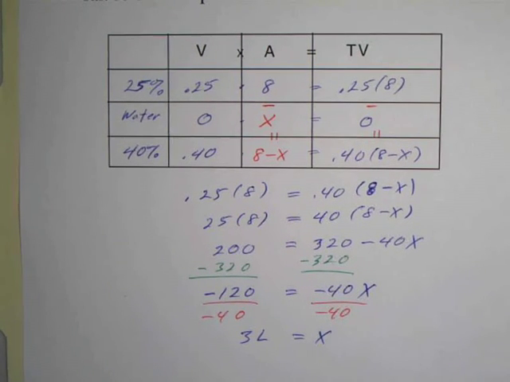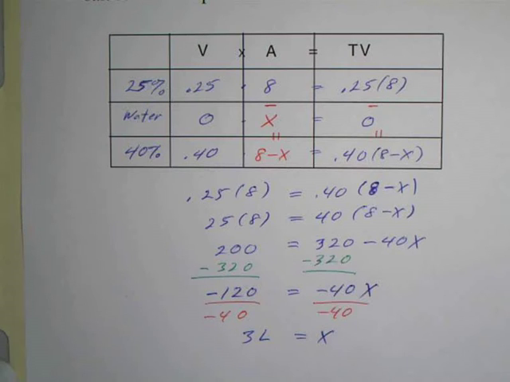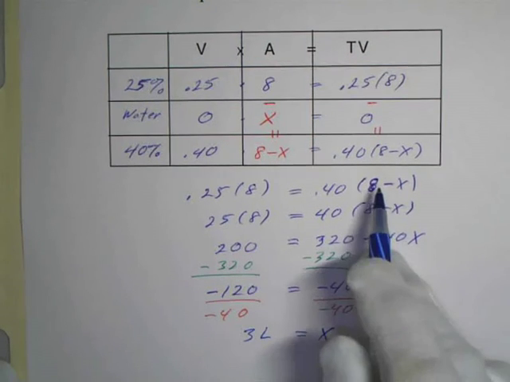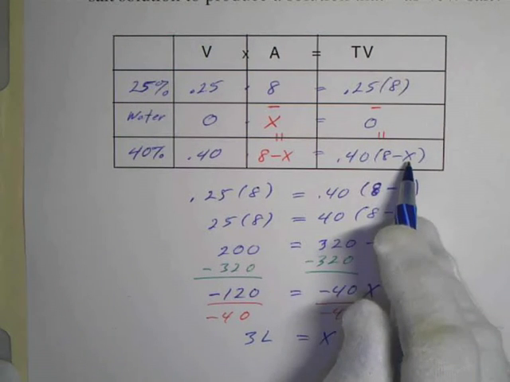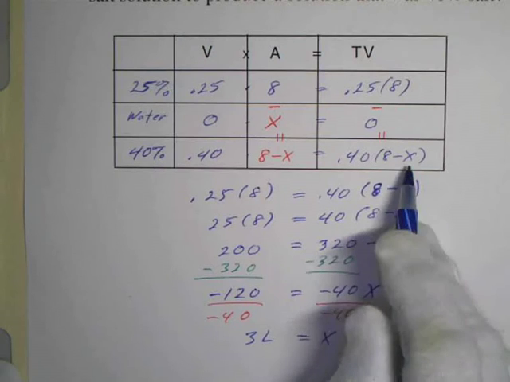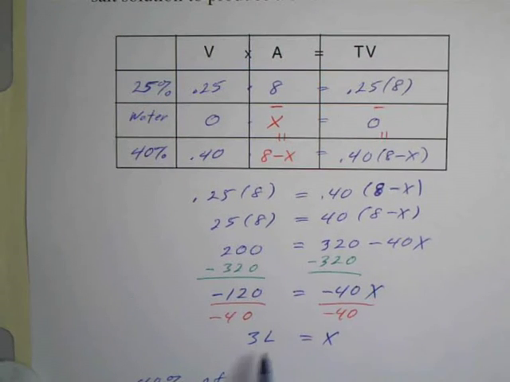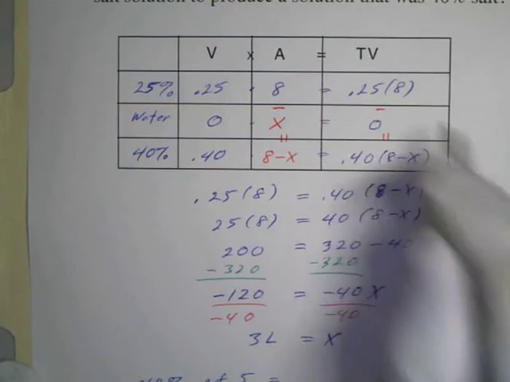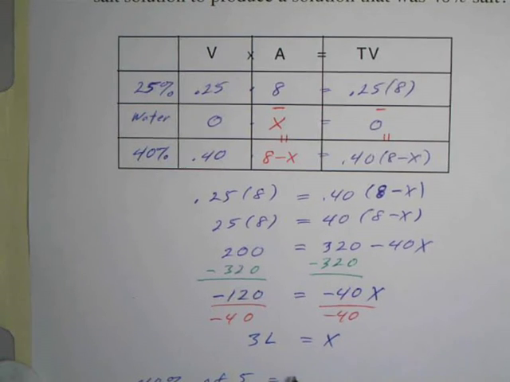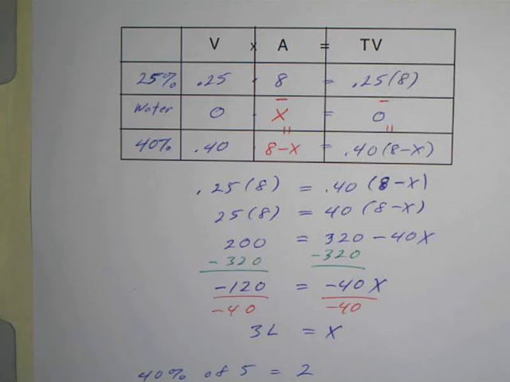And any of these problems you can always check out what's going on. So 40% of my 8 minus 3 liters, or 40% of 5 liters, should equal 25% of 8, which is 2. All right.